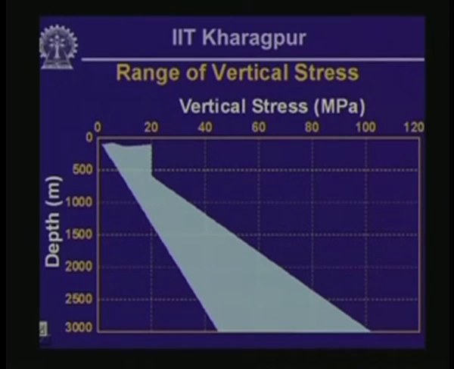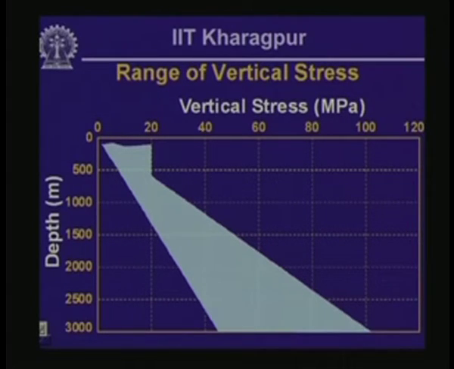Now this particular plot shows the range of measurements of vertical stress in rock, without considering topographic effect, from across the world. This plot is adapted from the data compiled by Hoek and Brown in their book, and you can see there is a wide range of variation in sigma v prime.